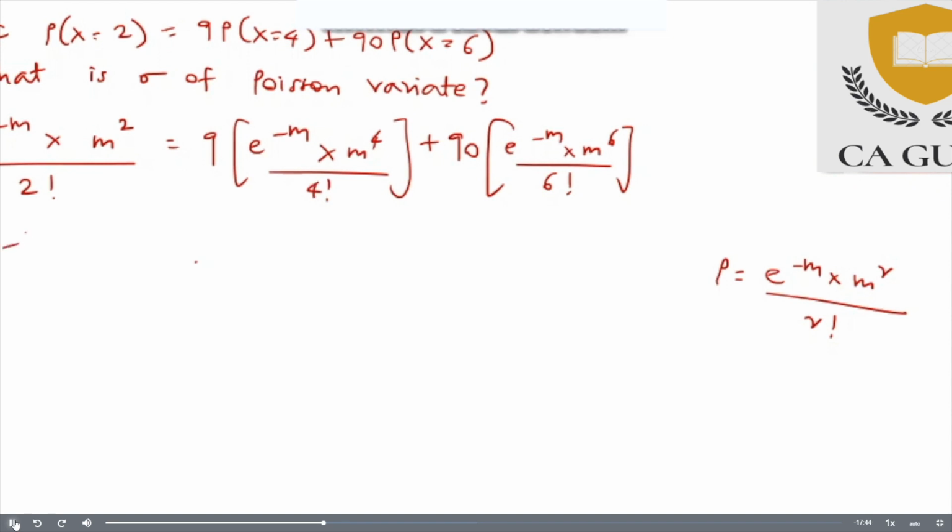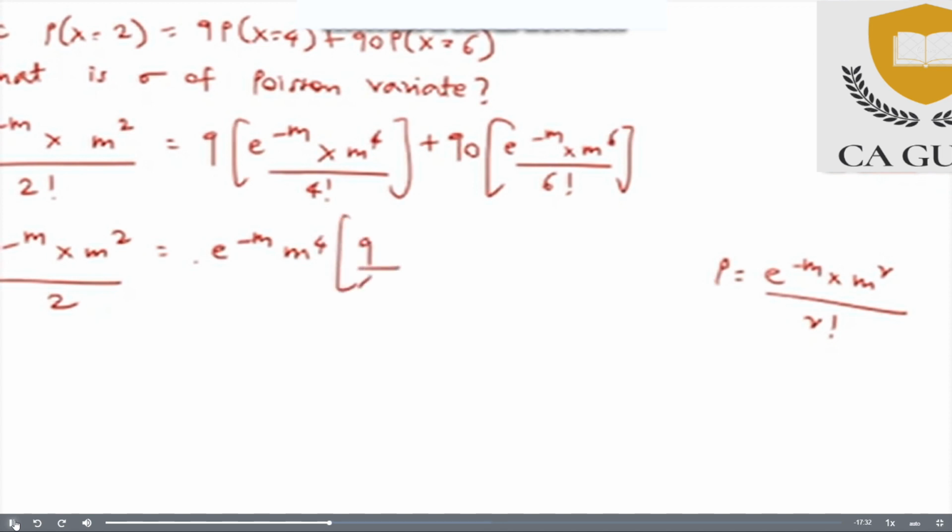e to the power minus m into m square by 2 is equal to e to the power minus m into m to the power 4 into 9 by 4 into 3 into 2 into 1 plus 90 into m square by 6 into 5 into 4 into 3 into 2 into 1.